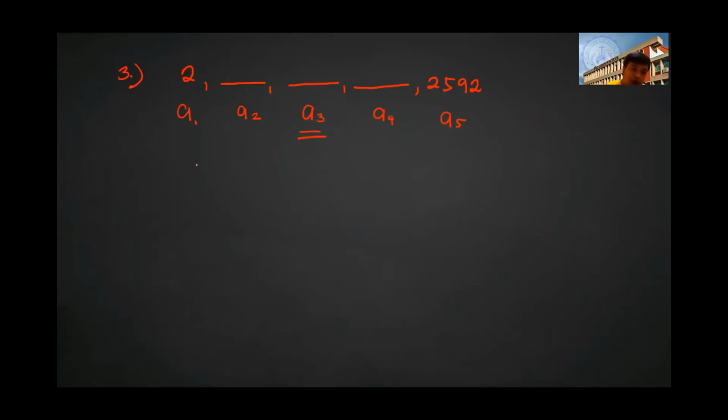So, we will use again the formula x is equal to the square root of AB. We just multiply them, 2 times 2,592.